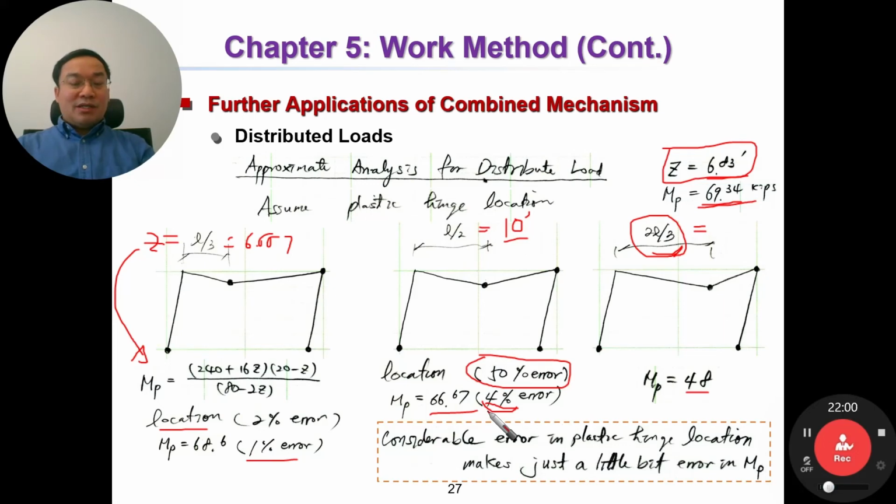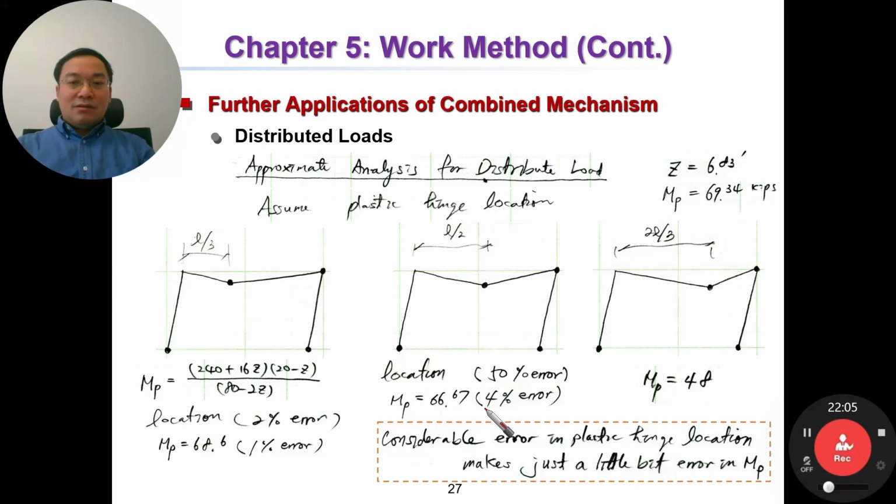In practical analysis and design, an error within maybe 10% or 5% is acceptable. It is a very small error. So in this case, although the assumption of the location is not correct, very far from the exact location, the solution is acceptable.